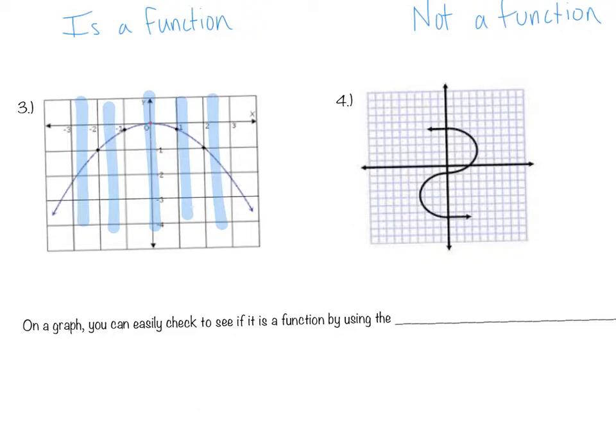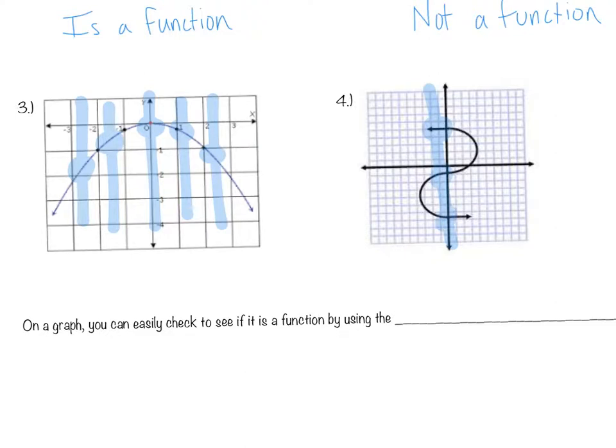So notice the first line crosses once, the second line crosses once, the third line crosses once, crosses once, crosses once. So all of the 5 lines I drew cross the graph only once. And that's compared to if I draw a vertical line on the second graph on number 4, notice how it crosses 1, 2, 3 different times.